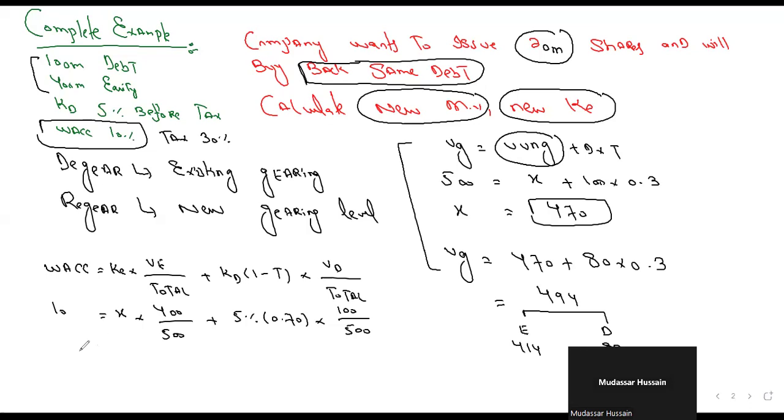So guys, when you find this X, the cost of equity geared, that will be (10 minus 0.7) over 0.8. So this geared cost of equity will be 11.625. This we will put here.